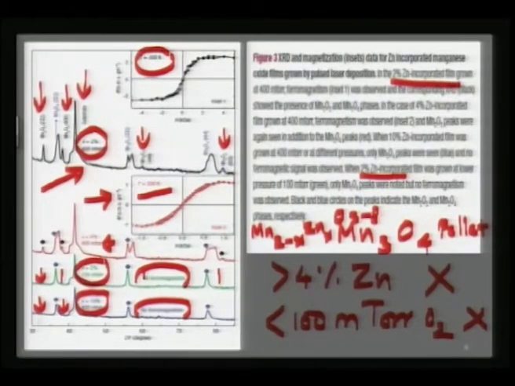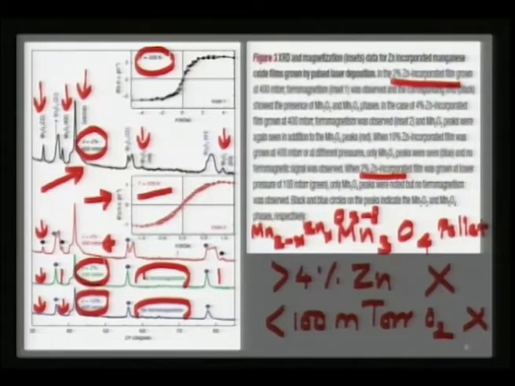So whenever there is a lack of Mn2O3, there is no ferromagnetism. Mn3O4 is not affected. Mn2O3 seems to be the clue, and when Mn2O3 is always present, you see a clear ferromagnetic loop coming.